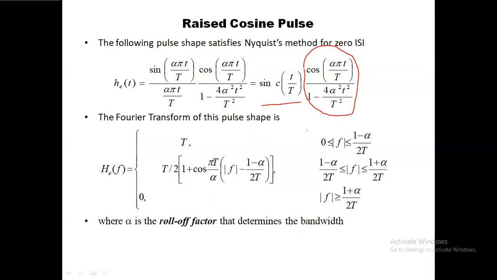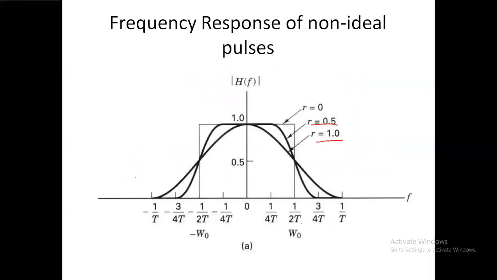So by adjusting the value of alpha, you can transmit sync-like pulses, which are called raised cosine pulses. And the response of this is shown previously by this diagram. The equivalent response of these raised cosine pulses is shown by this diagram, where the roll-off factor is 1, 0.5 or 0.